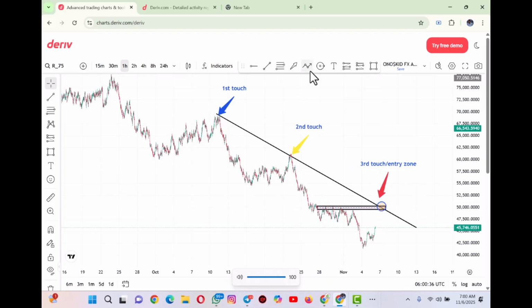So what am I waiting for price to do? I am waiting for price to give me this move to this box and then produce some sort of candle confirmation, and I will make my trade entry from here and target this low. So this is now a live chart analysis.